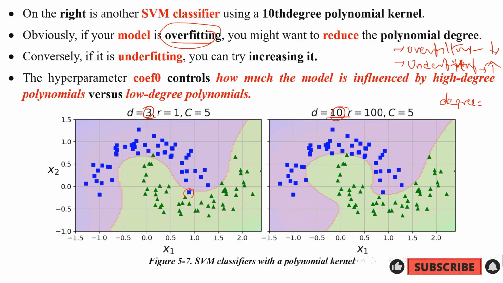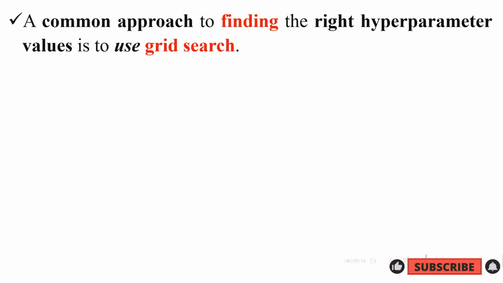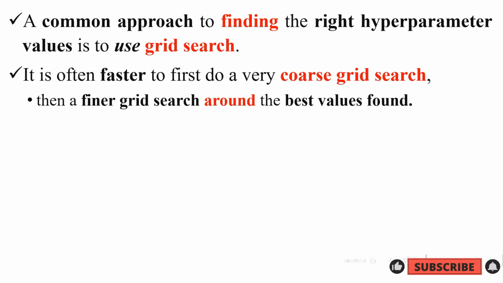So the hyperparameter, the coefficient r, is there. It controls how much the model is influenced by high degree polynomials versus low degree polynomials. This is a very important parameter. Now, a common approach to finding the right hyperparameter is to use grid search.